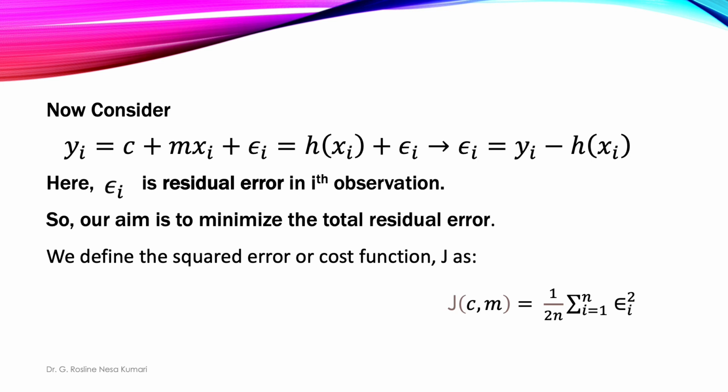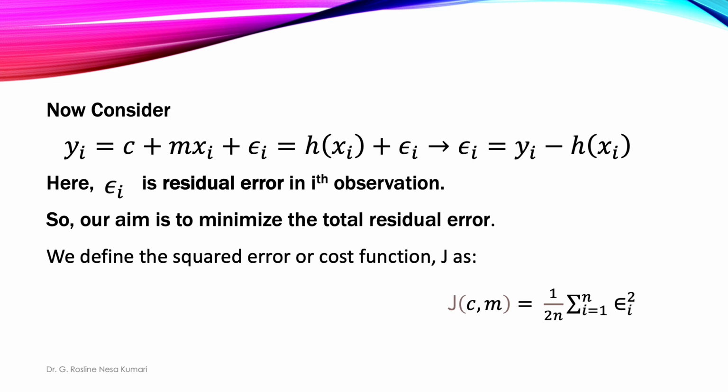Now consider y i equal to c plus m x i plus epsilon i, which we can write as h of x i plus epsilon i. That implies the error epsilon i is equal to y i minus h of x i. Here epsilon i is the residual error in the ith observation. Our aim is to minimize the total residual error.